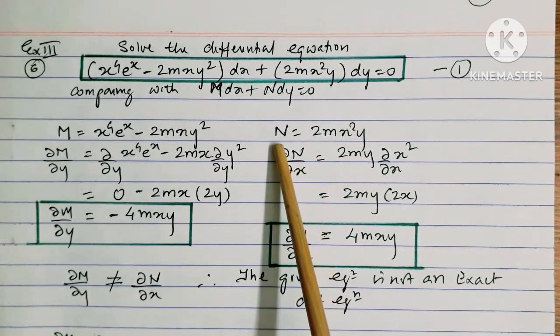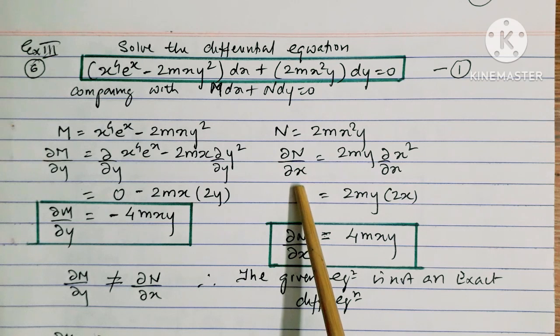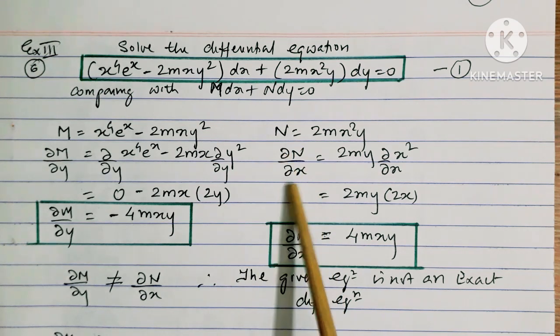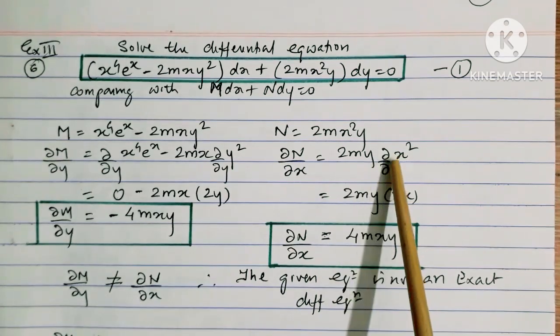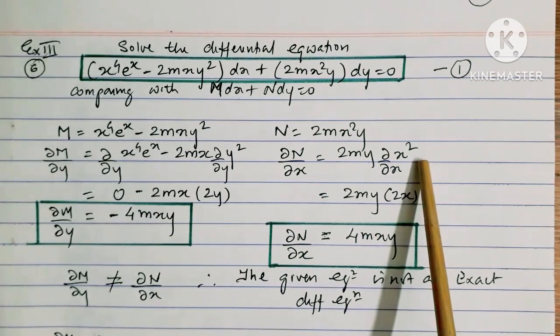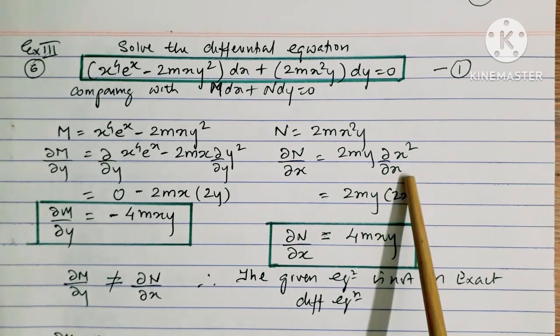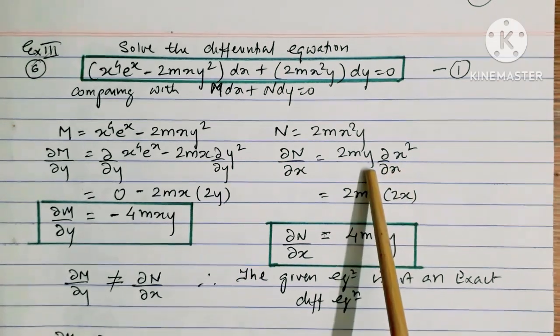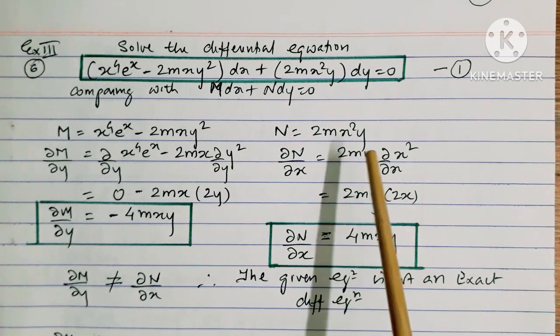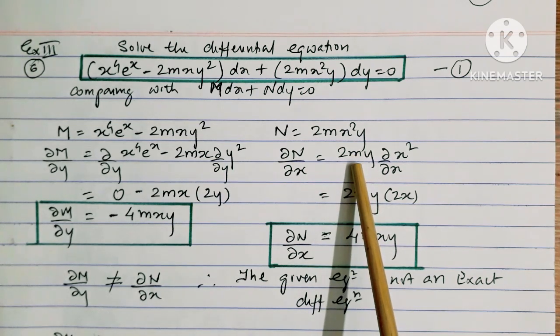Now, let us differentiate N partially with respect to x. Therefore, del N by del x equals to 2my del by del x of x square. Now, whenever you are differentiating partially with respect to x, we have to treat y as a constant. And m is also some constant.